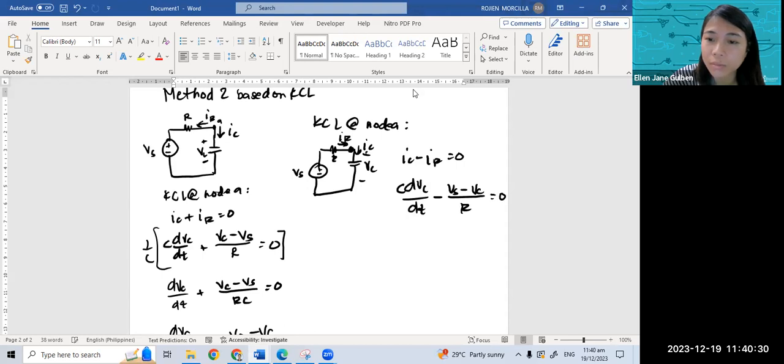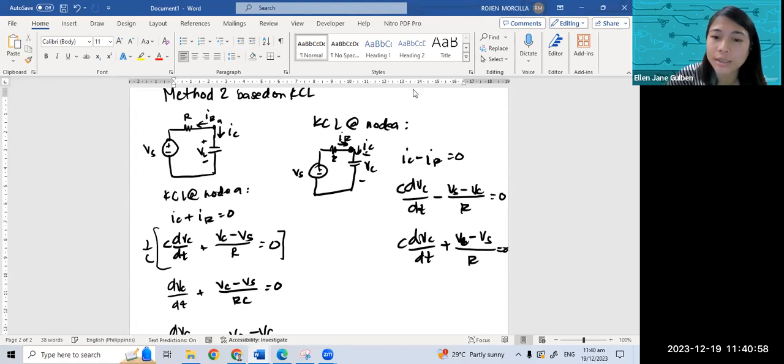So there we will have to apply the negative to VS and VC. C dVC/dt plus (VC minus VS) over R equal to 0.